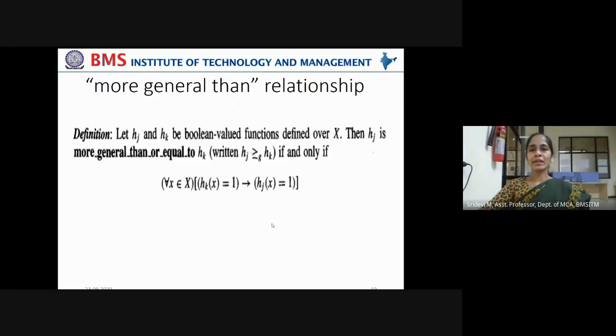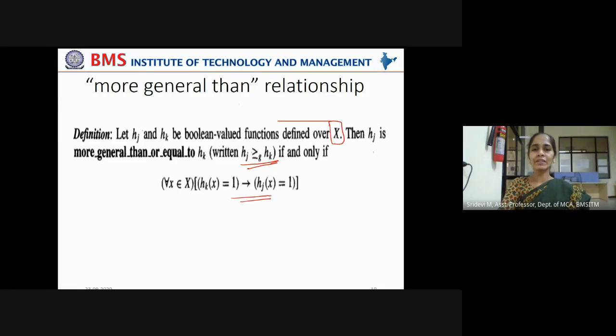Now let us define this relationship so that it is in a formal definition. Okay. Let Hj and Hk, understand carefully, let Hj and Hk be Boolean valued functions defined over the instance set X. Then Hj is more general than or equal to Hk, written with this symbol, if and only if.